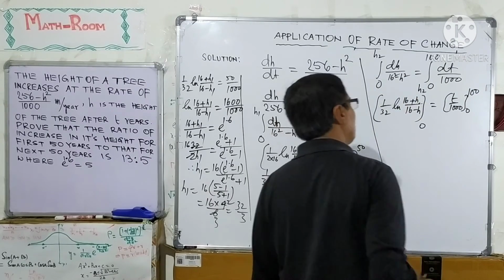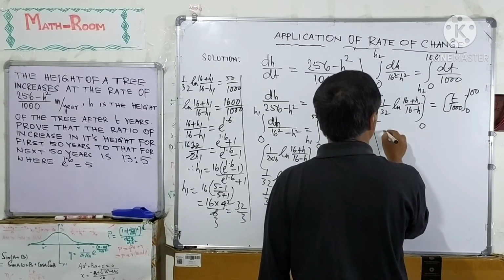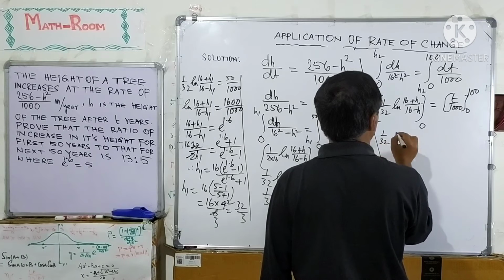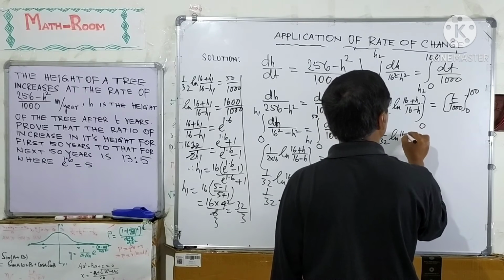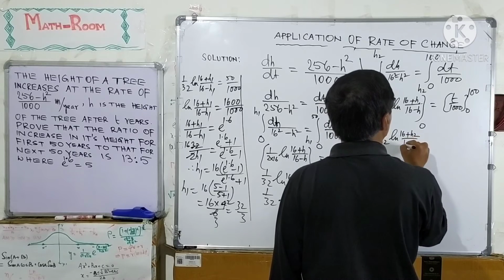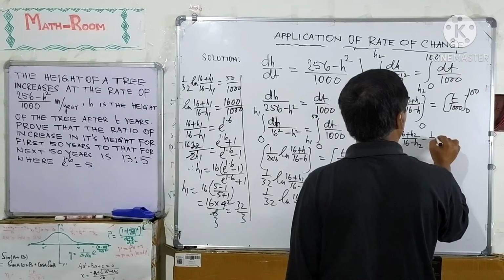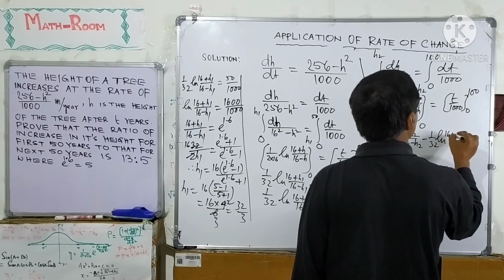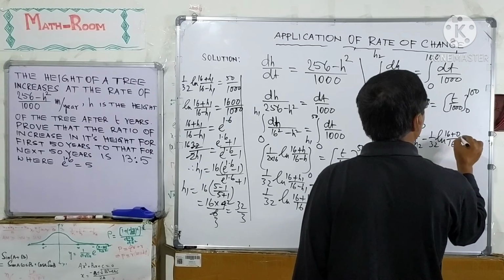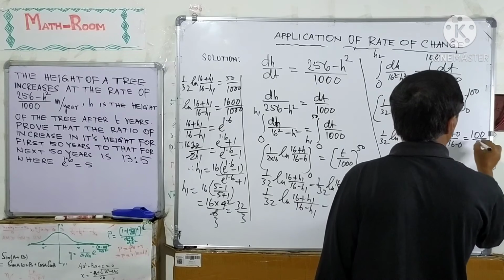If we put these limits in, we get 1 over 32 natural logarithm of (16 plus h2) over (16 minus h2), minus 1 over 32 natural logarithm of (16 plus 0) over (16 minus 0), equal to 100 over 1000.